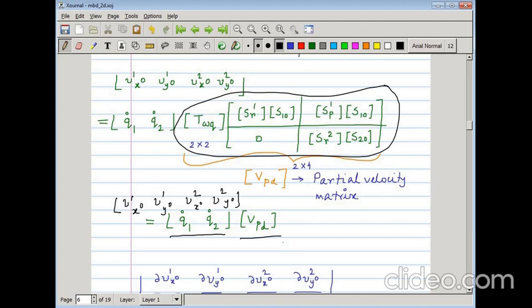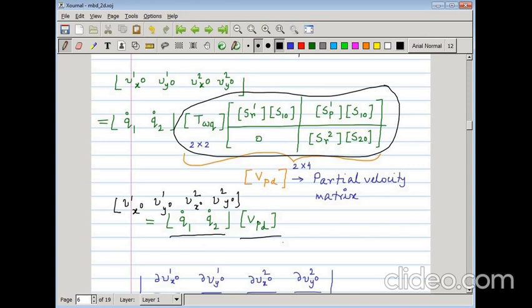So what are these? This is the center of mass velocity for body 1, x component along x naught, that is the inertial x direction, and y naught, the inertial y direction, and this is the velocity of the center of mass of body 2, inertial x direction, and inertial y direction. Q1, Q2 are the generalized coordinates.